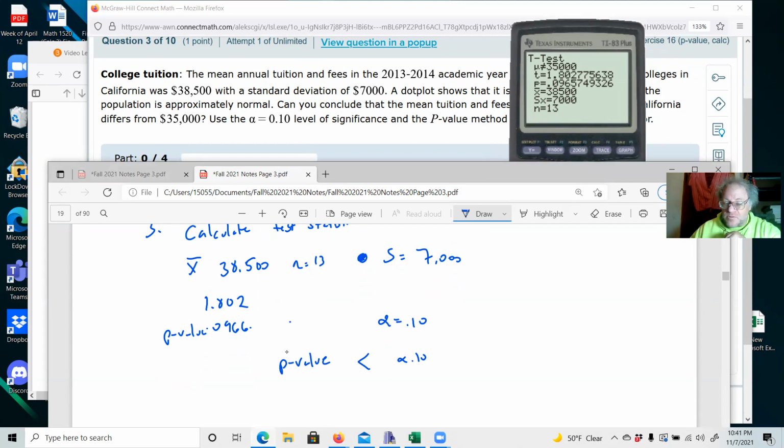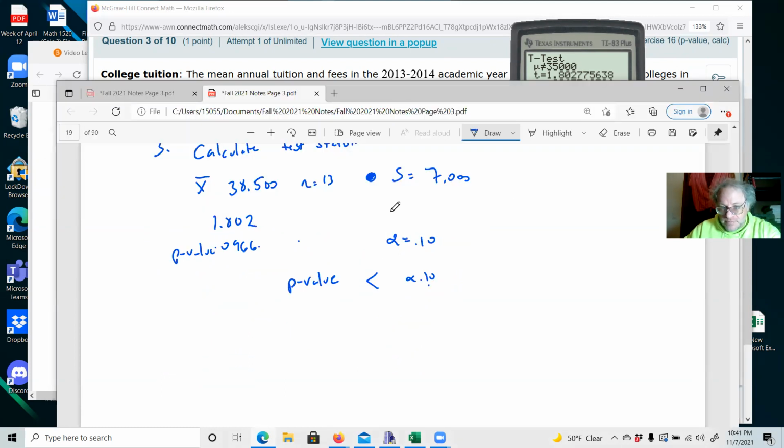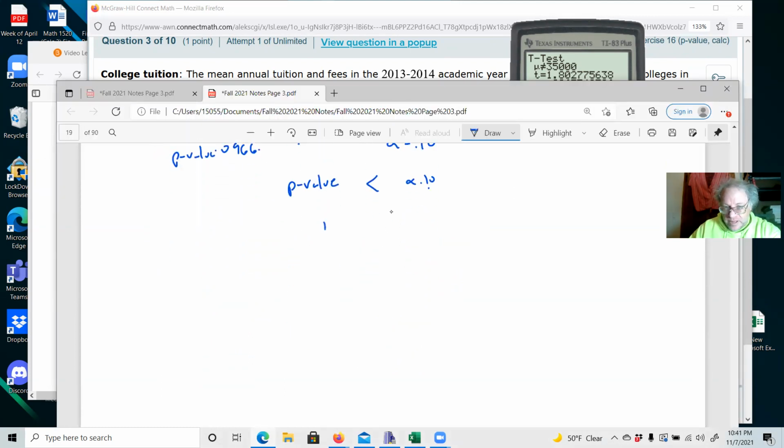So this was our standard. If we fall below the standard, we're going to have to seek some sort of alternative explanation for what's going on. So we're going to say reject the null hypothesis. There is evidence to say that these are not the same.